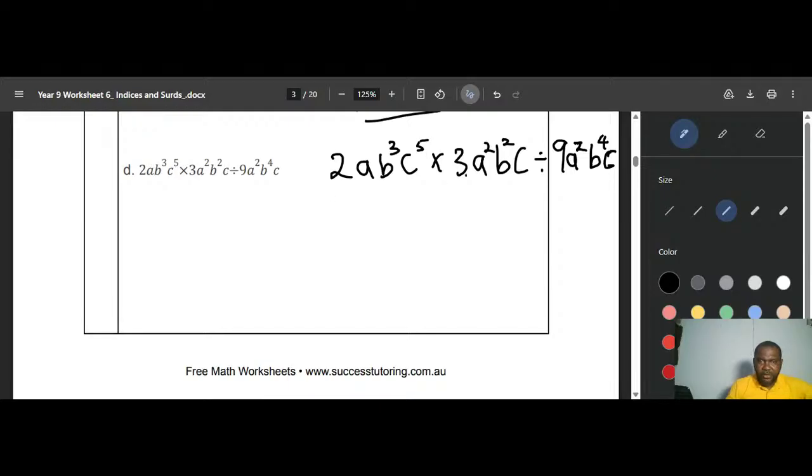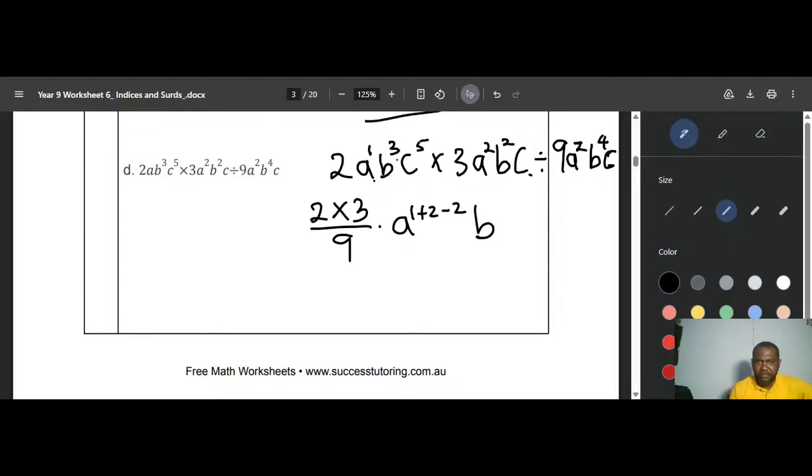2 times 3 divided by 9. 2 times 3 divided by 9 for the numbers. For the letters, A, this is invisible 1. So A is 1 plus 2 minus 2. That's for A. Because of division, that's why we have minus.